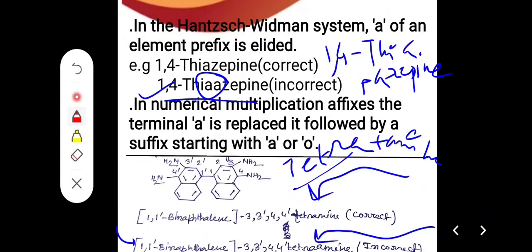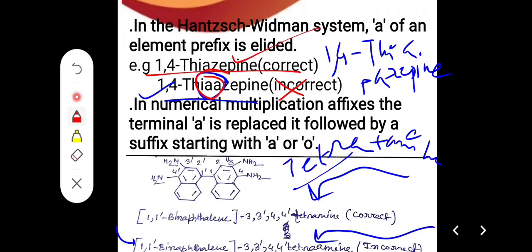Next one, in the Hantzsch-Widman system, the A is also omitted. In the combination of thia and azepine, when the two A's are placed together, this is incorrect. We cannot retain both, and this is the correct one where only a single A is placed.